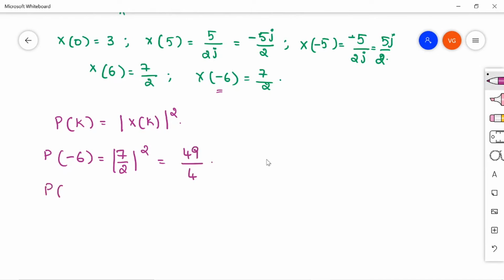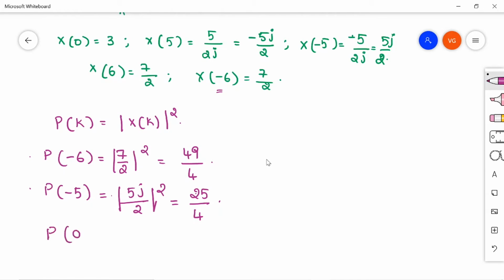Similarly, P of minus 5. I am going in the order minus 6, minus 5, 0, 5 and 6. For minus 5, this is magnitude of 5j by 2 whole square. Actually j square is minus 1, but as it has magnitude, it will be plus 25 by 4.